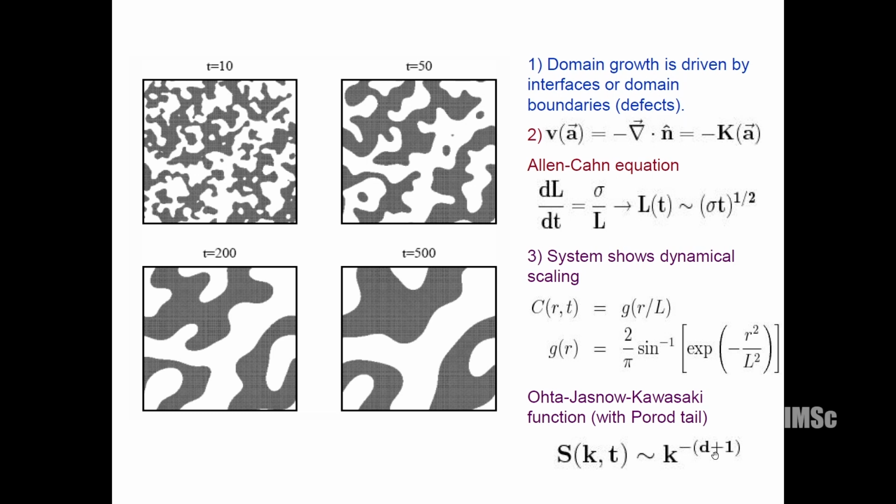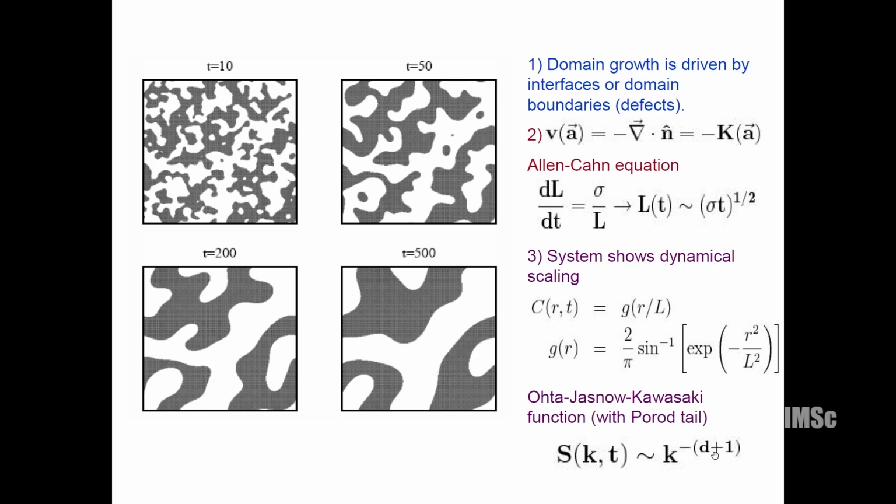The first statement is of course that the patterns evolve in time. I start off at time t equal to 0 with a random mix of black and white, that's like an infinite density of defects. Then I develop domains of up spins, which are black, and domains of down spins, which are white. There is a domain growth process.